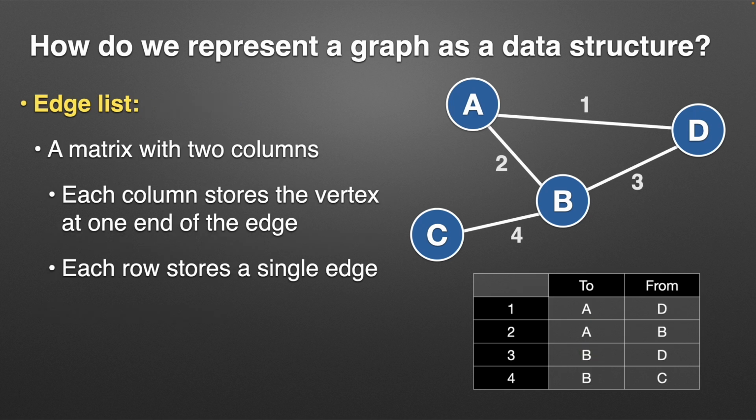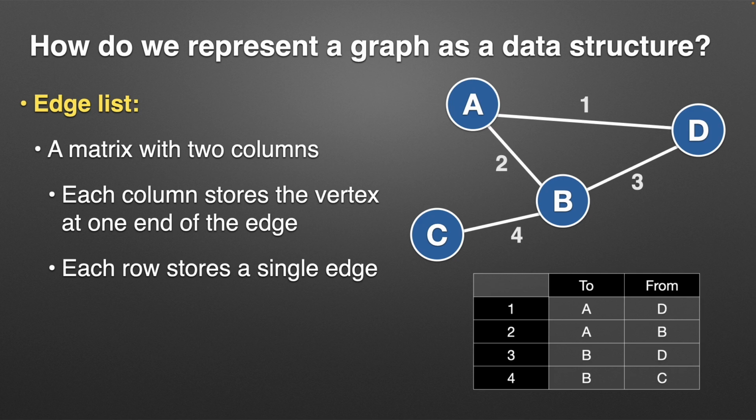Somewhat related, another approach you could take is to think of this as also a 2D array, a matrix. But I think about this like if you've done relational databases, this is the way you might think about it: you would have these columns, to and from, for a directed graph.